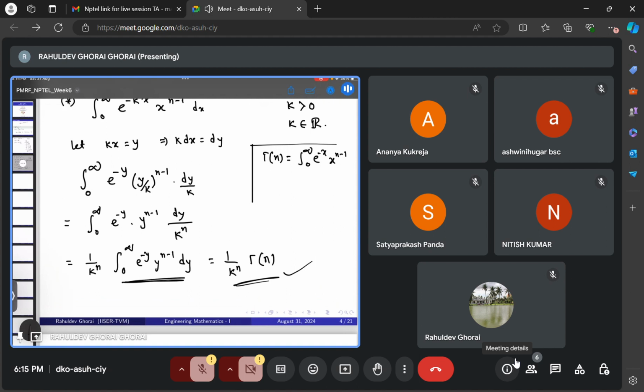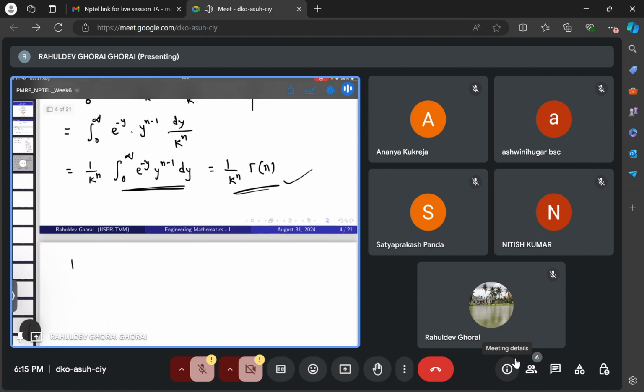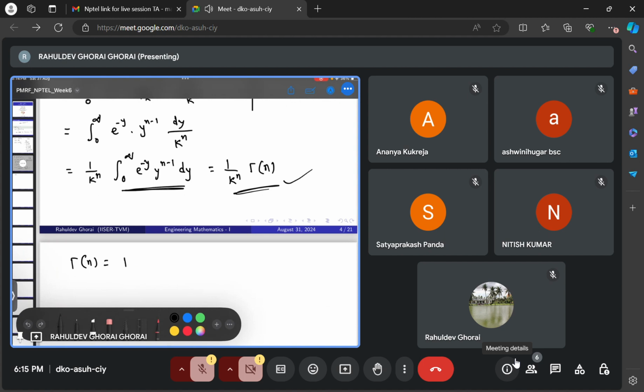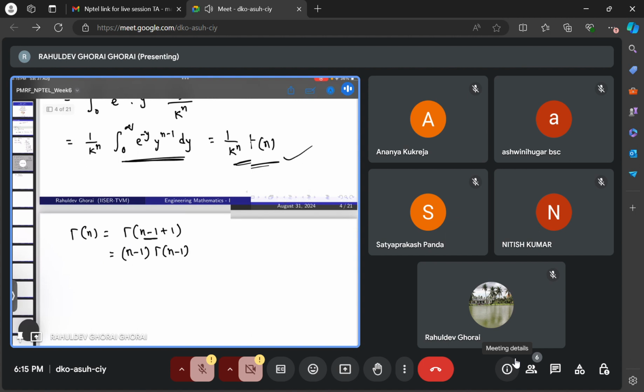And here, what will gamma n be exactly? Gamma n is nothing but gamma of n minus 1 plus 1, which you can write. So when you have gamma of something plus 1, that will be n minus 1 times gamma of n minus 1, right?